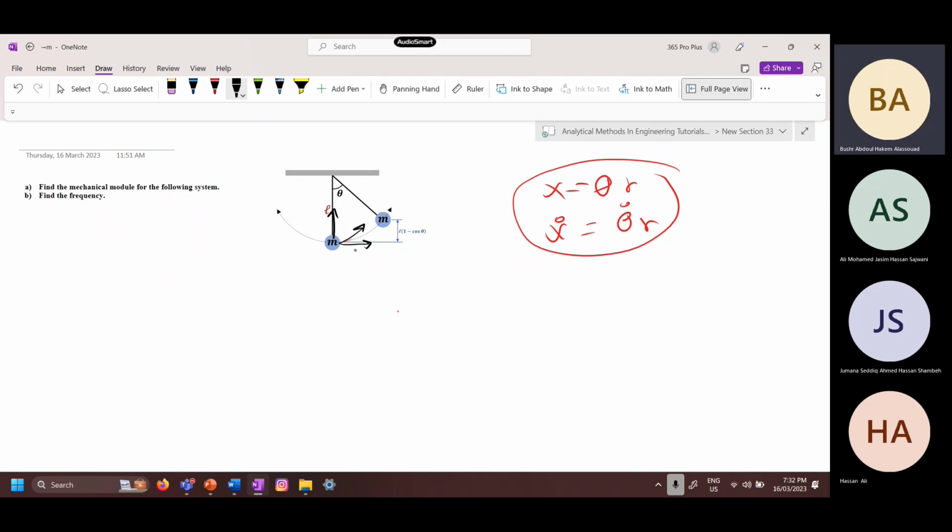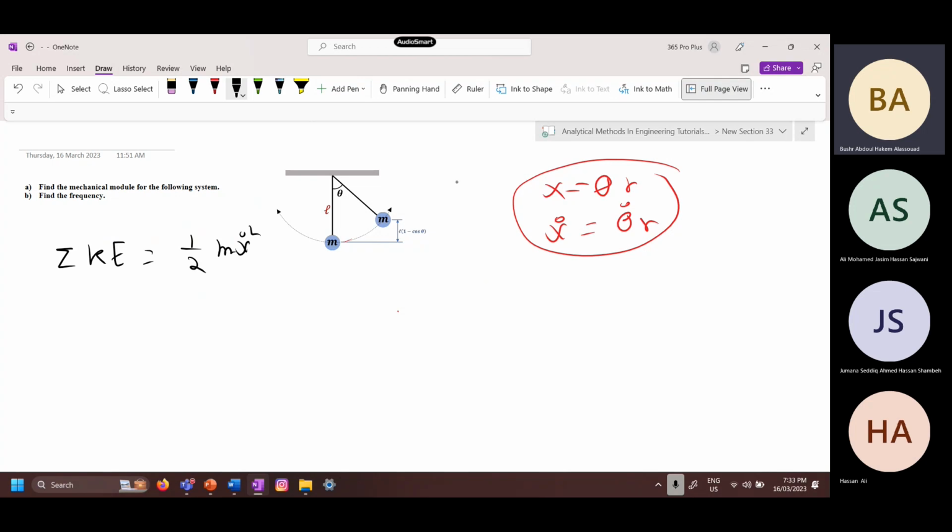So you can solve it using the magnitude method, or simply use a different method that I'm going to show you now. So this object is moving, find the kinetic energy first, and you need to understand that it's moving in a certain path that has the following equation, m x dot squared.